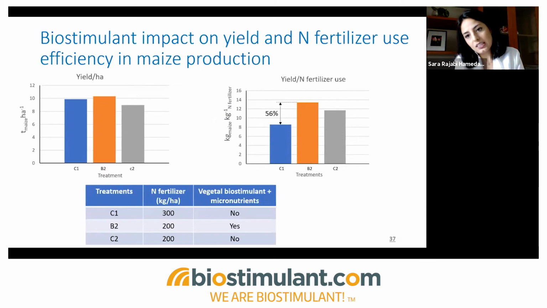In the second case study, similar results are obtained. In fact, biostimulant application can raise maize production while using a lower rate of fertilizer. So it can lead to increasing nitrogen fertilizer efficiency by 56% in maize cultivation compared with other treatments.